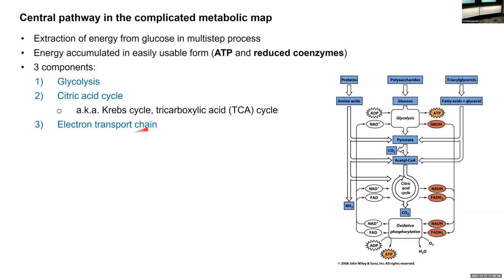And lastly, the electron transport chain. During these metabolism sections, we're going to go over all three key components, and we'll talk about all those steps and their regulations in much more detail. So today we're focusing on glycolysis.